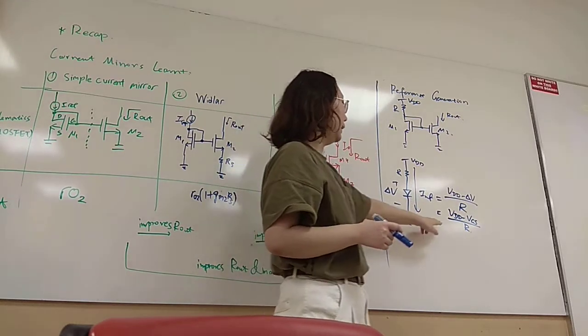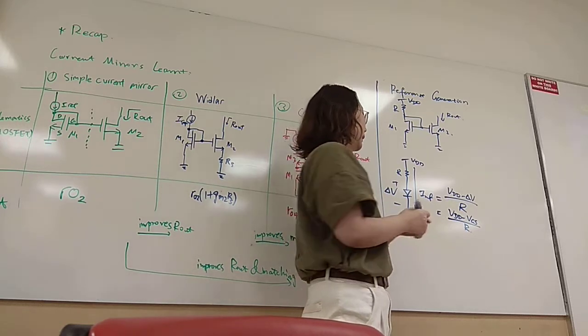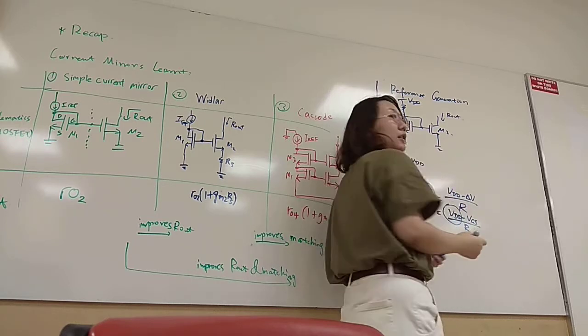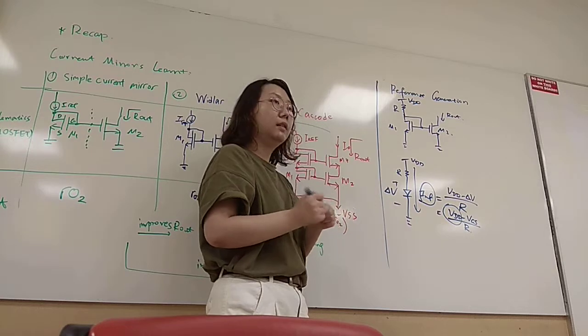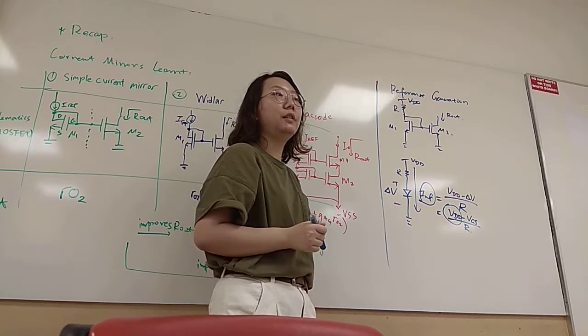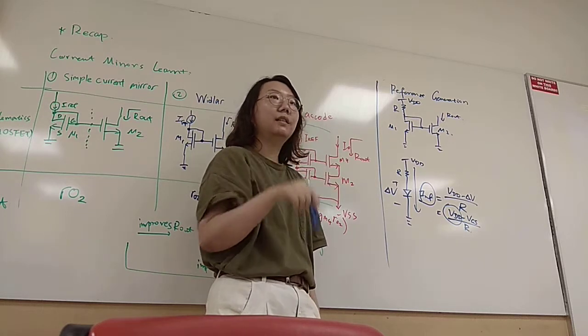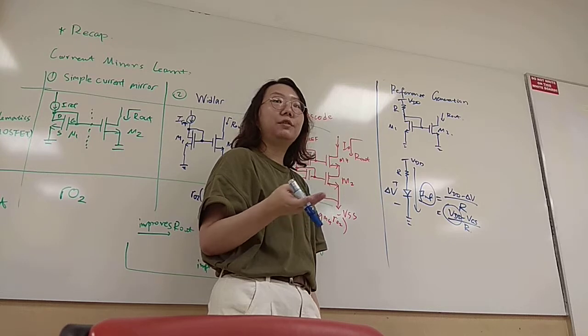So if you look at this equation, your IREF is proportional to this VDD, right? That means once your VDD increases, once your VDD gets a peak, a glitch, fluctuates, your IREF will fluctuate accordingly, right?